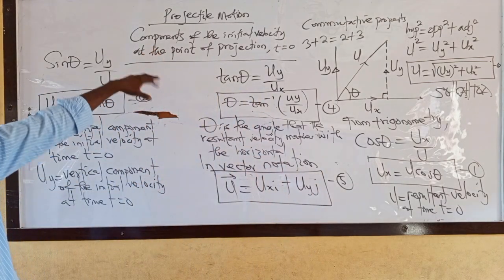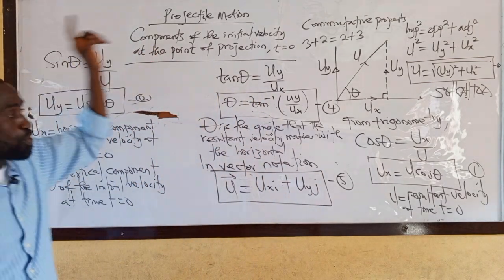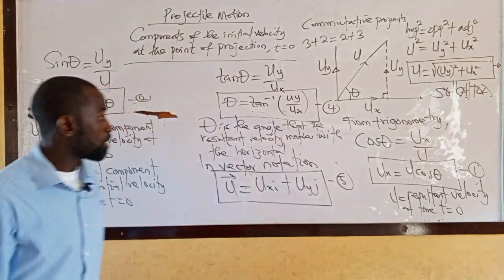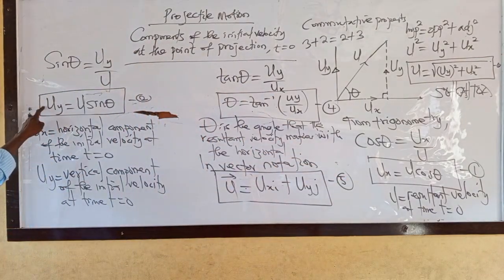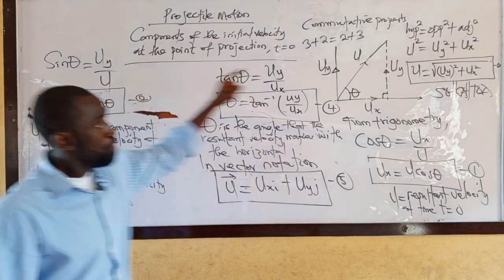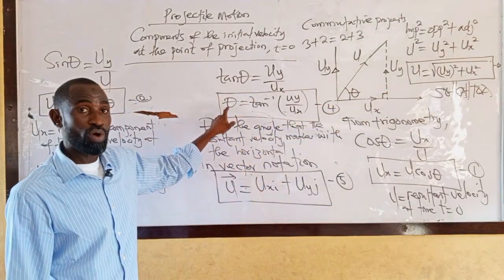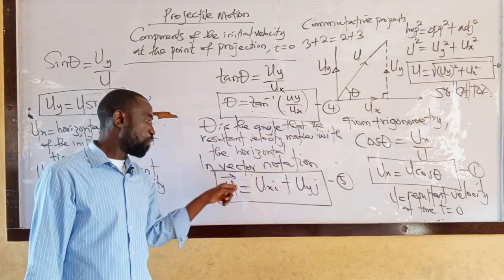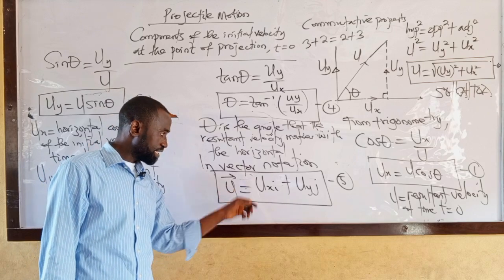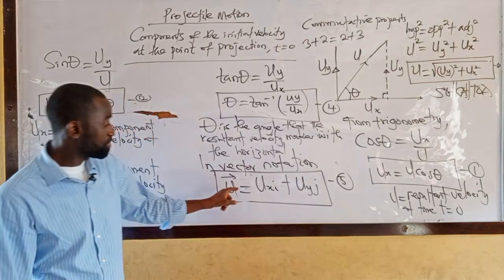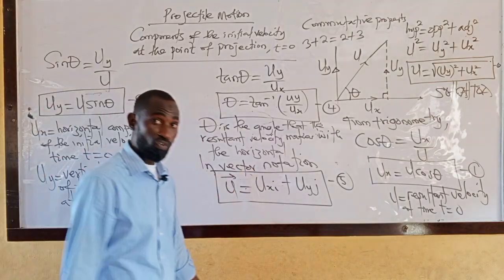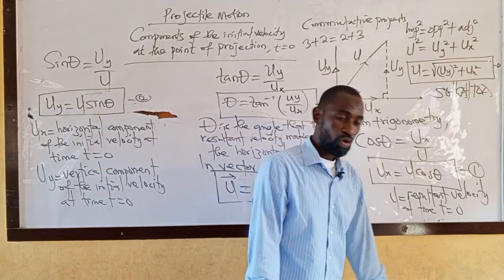So we have 5 solid formulas under the first part. The first one is the x component, second one the y component, third one we have our resultant, the fourth one the angle, and the fifth one our resultant in vector notation.